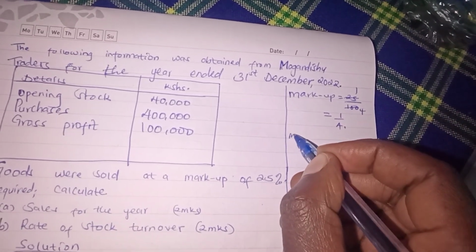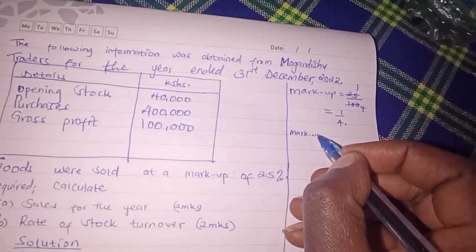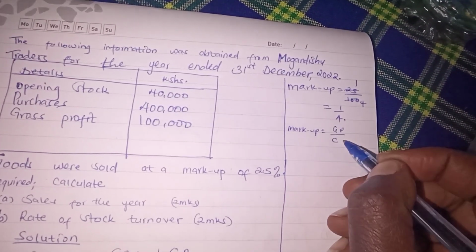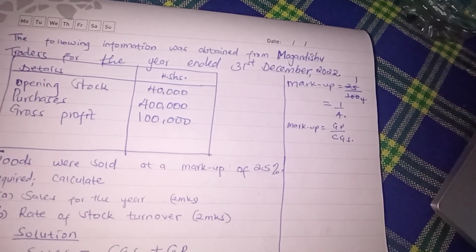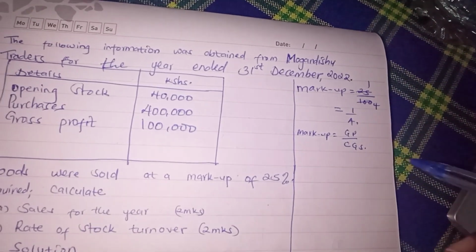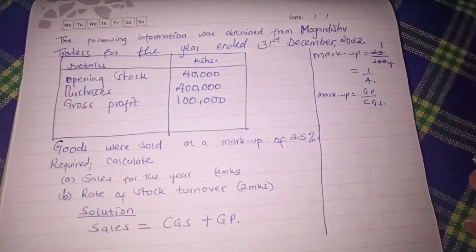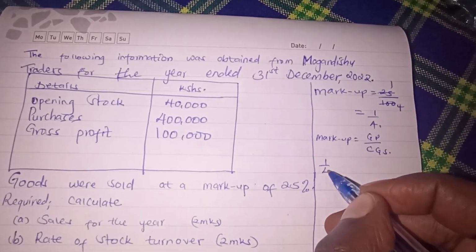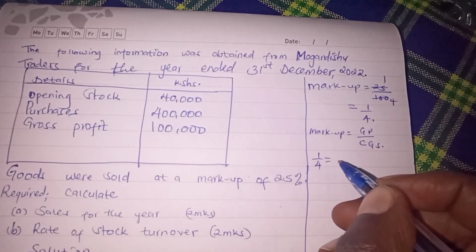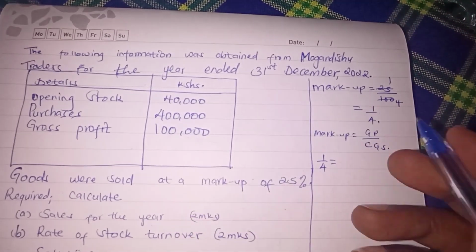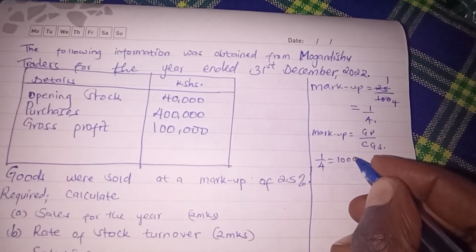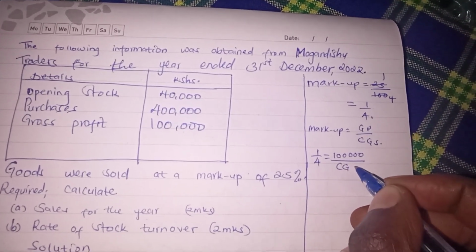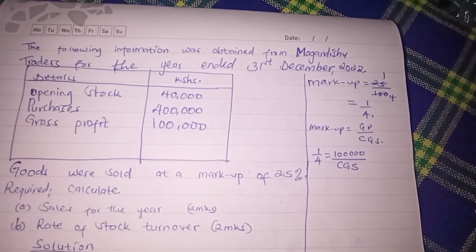And we said that markup is equal to gross profit divided by the cost of sales. So learners, we have markup, which is a quarter, equal to the gross profit you're given as 100,000, and we do not have the cost of goods sold.